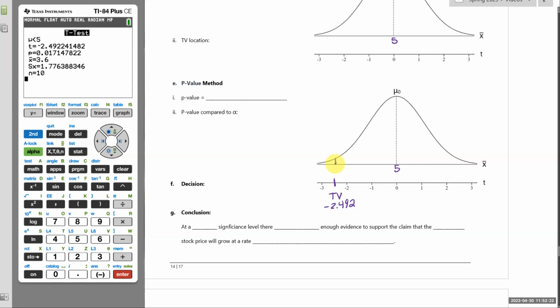And so that tells me that my x bar of 3.6 is there on the x bar axis. There's my 3.6. So that little area out there, it's a left tail test. So that area to the left of my test value is my p-value, which is looking pretty small. Let's see exactly what it is. The calculator, well, we'll round it, but the calculator says that that p-value is 0.0171, or 1.71%.